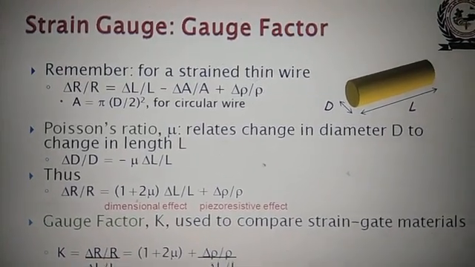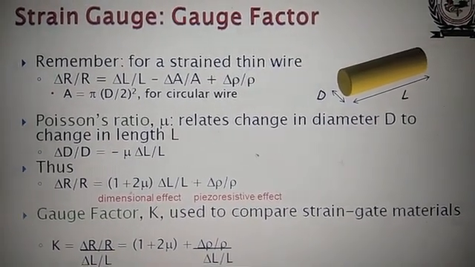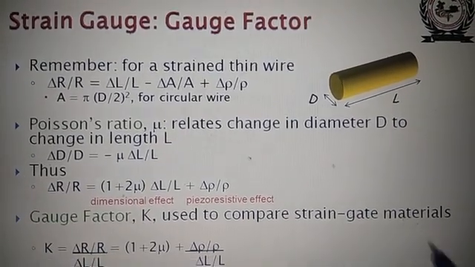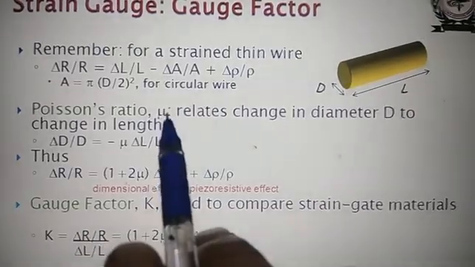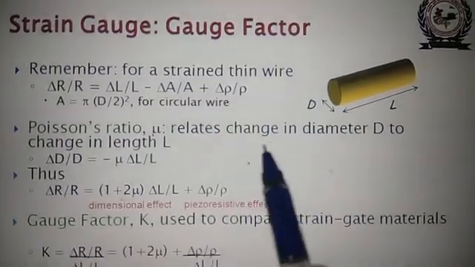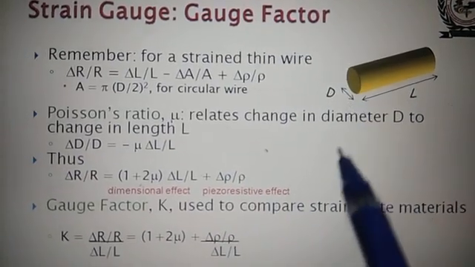And then Poisson's ratio, mu, relates the change in the diameter D to the change in length.